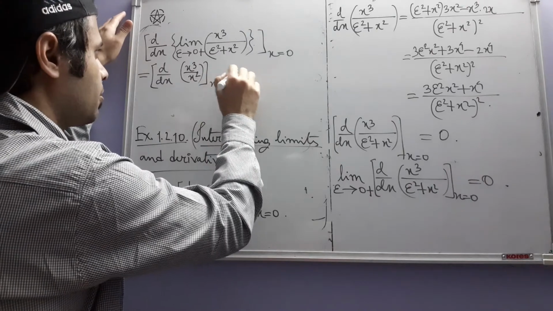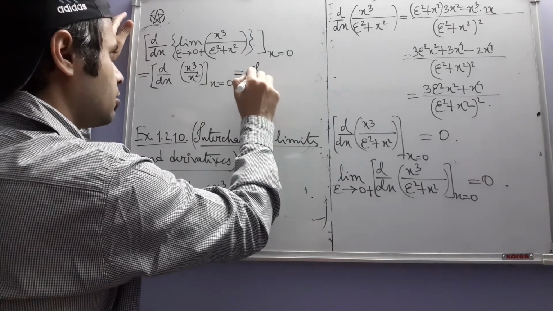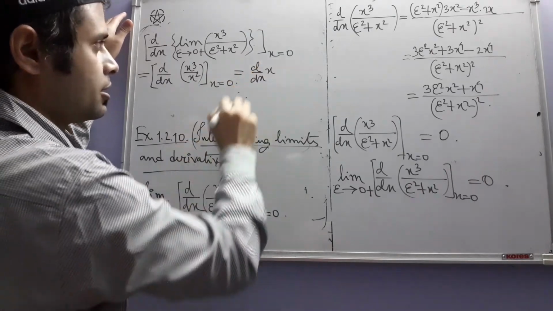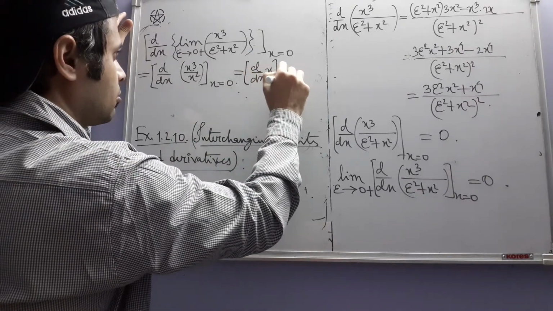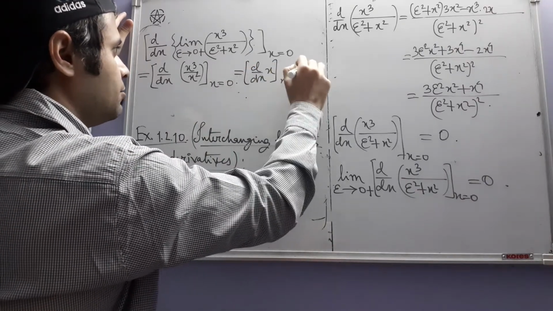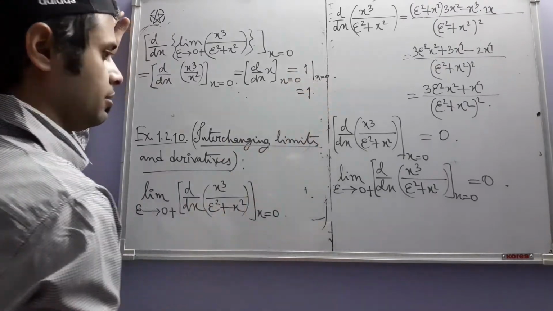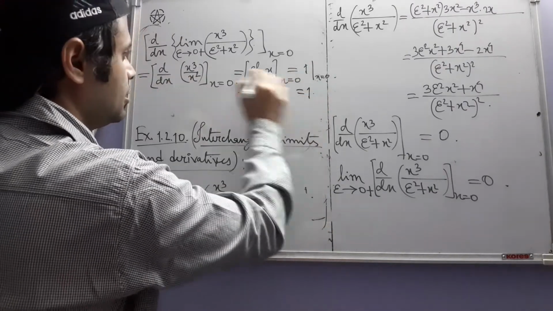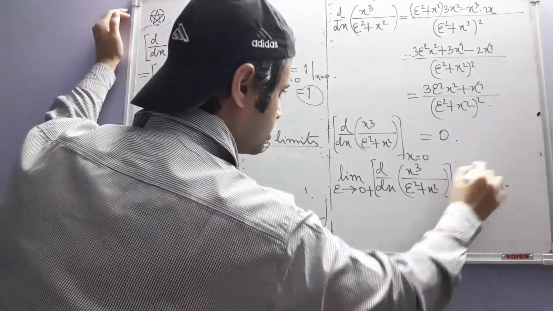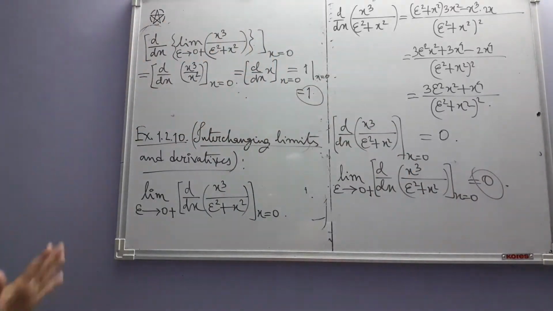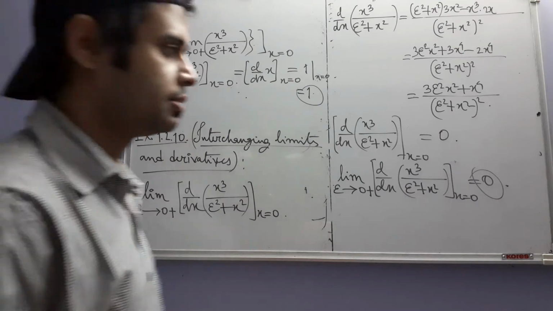Now, x cube by x square is x. Now, this derivative is 1 at x equal to 0, so this is equal to 1. Again, different values. This value is 1, this value is 0. So it seems that limits and derivatives cannot be interchanged.